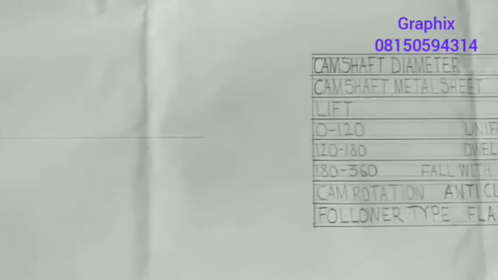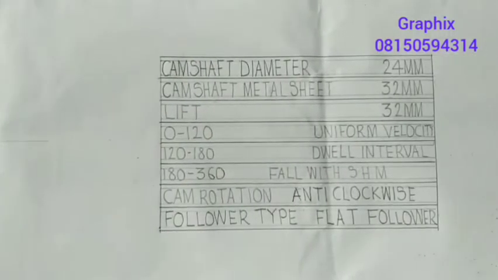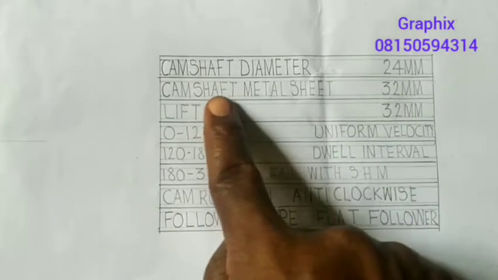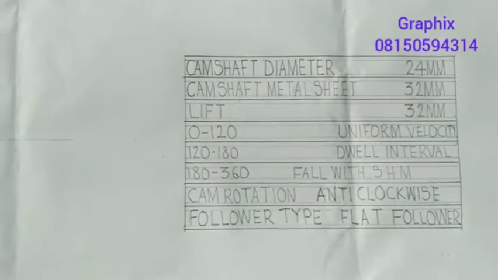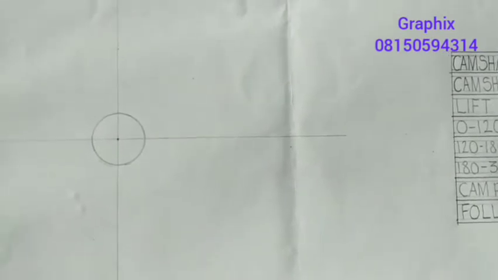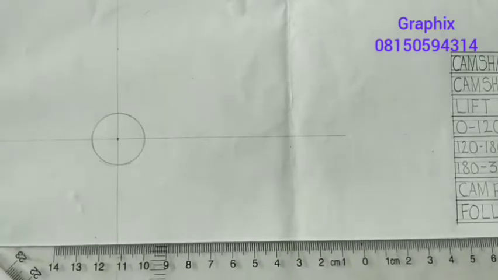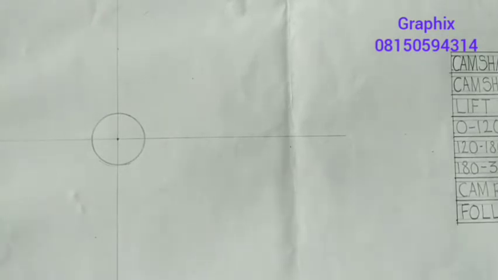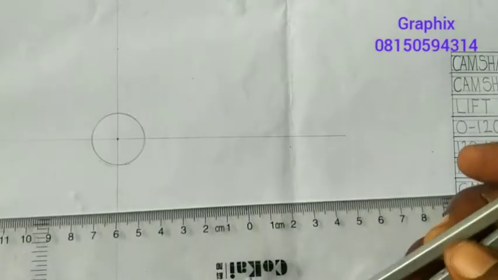Now the next thing you do is to draw the cam meter sheet. That is the closest approach to the cam, and that is 32 millimeter. So I'll measure 32. Now you don't need to take the radius. It's just taking the full measurement of it, which is 32.